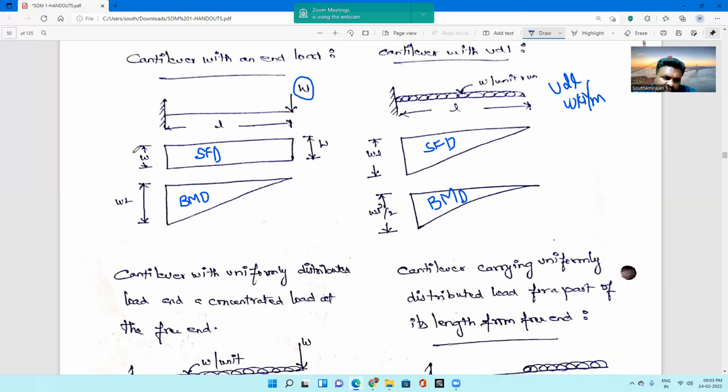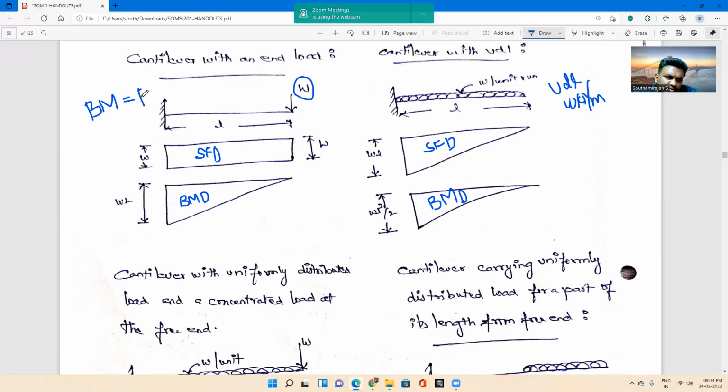After that we have a support at the end, and the support end value will be W, shown as a rectangular nature. Next, calculating the bending moment values: bending moment is nothing but force into perpendicular distance.